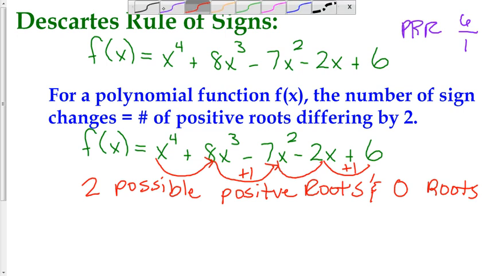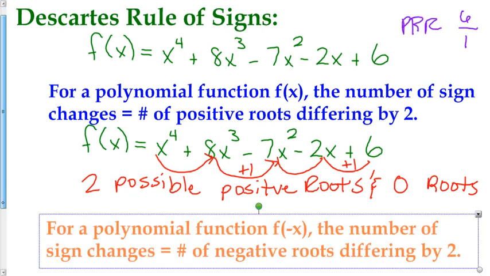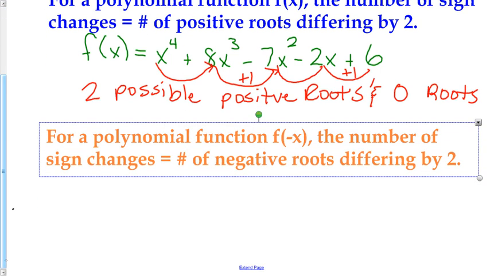You can also deal with the f of a negative x.